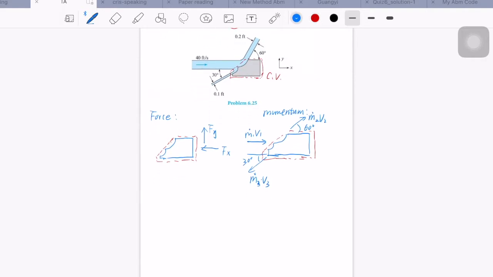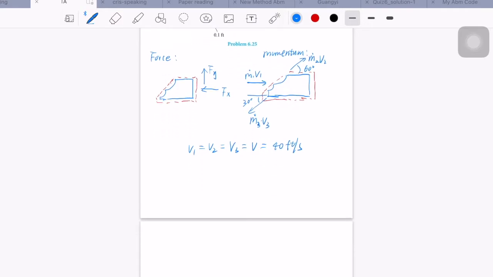And then we apply the momentum equation. We know that v1 is equal to v2, which is equal to v3, and V equals 40 feet per second. Based on the continuity equation, we know that A1 times V1 should be equal to A2 times V2 plus A3 times V3, since the area only depends on the width.